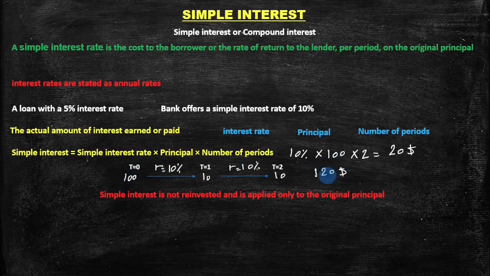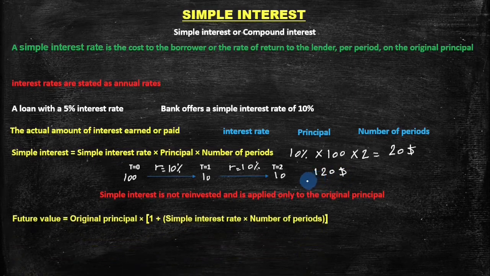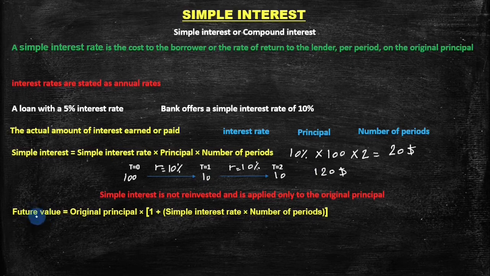Now here, as you can see, we came up with the future value of $120, $20 of interest plus your $100 of the original principal. So if you were to write out a formula that would come up with this number, interest plus your original principal, this would be the formula. The future value would equal original principal multiplied by 1 plus simple interest rate multiplied by the number of periods.